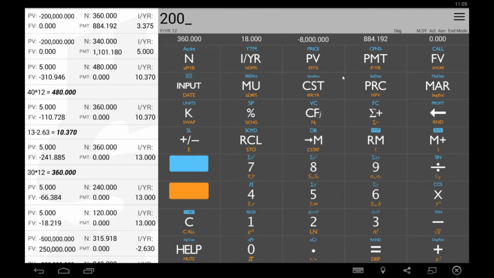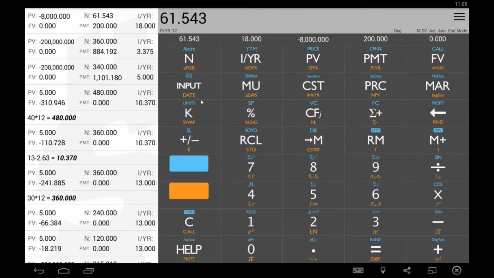That's going to be probably your minimum payment on $8,000. With a future value of 0, because we want to pay it off, it's going to take us 61 and a half months, about 62 months to pay it off. It's actually longer than this, as credit cards compound interest daily, not monthly. That's quite a long time at 18%, huh?